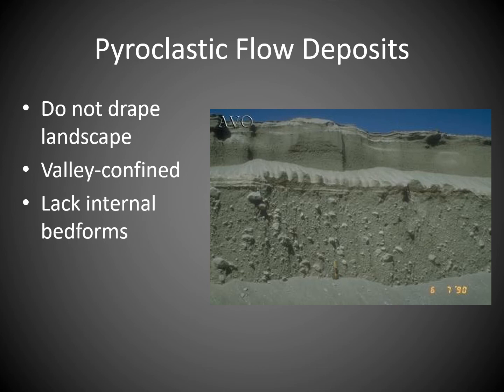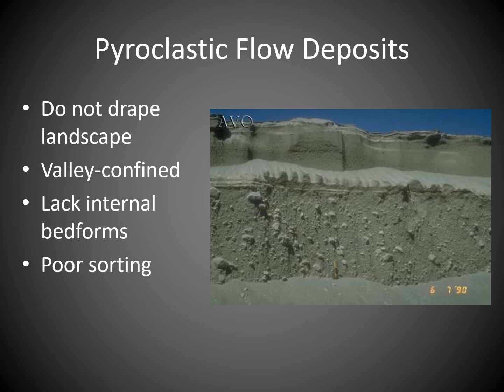We're going to look at surges in a minute, and surges have really cool bed forms, just like a lot of sedimentary structures. They have cross bedding, they have ripples. But this stuff is just an avalanche, it's a mass. So you don't see any internal bed forms. You just see a wedge of poorly sorted, either broken dome rock or pumice.